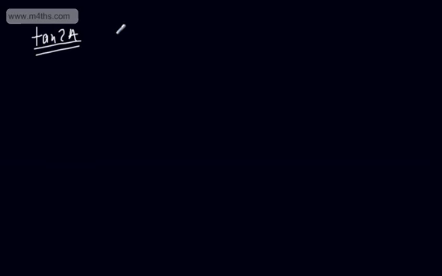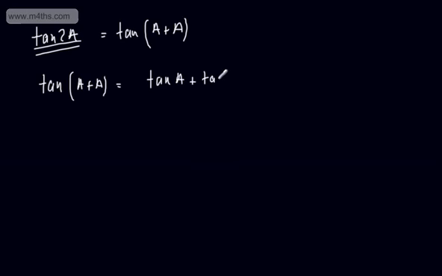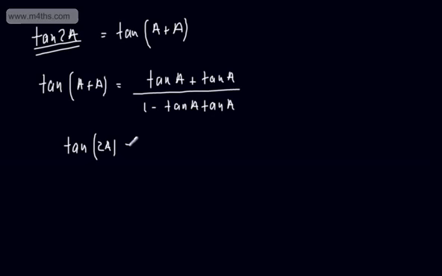What we know is that this would be equal to the tan of A plus A. Using our compound angle identities, we can say that this would be tan A plus tan A, and then we would have this over 1 minus tan A multiplied by tan A. So tidying this up, we can say that tan of 2A will be equal to 2 tan A over 1 minus tan squared A.